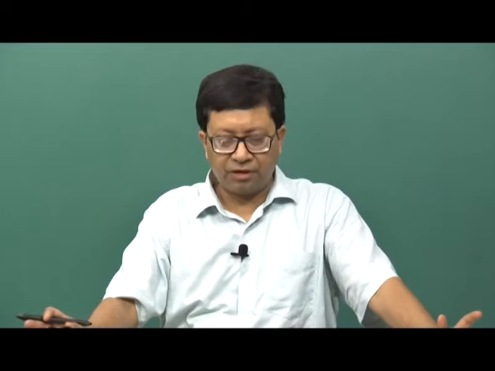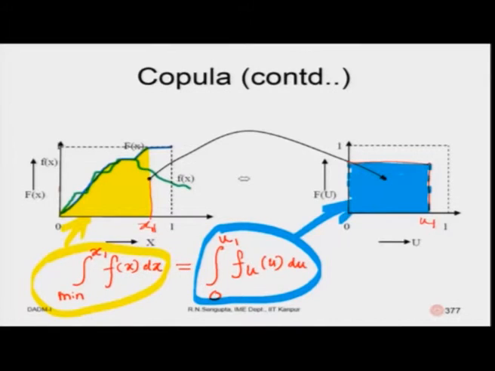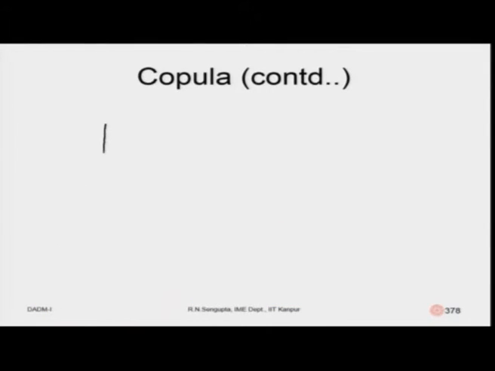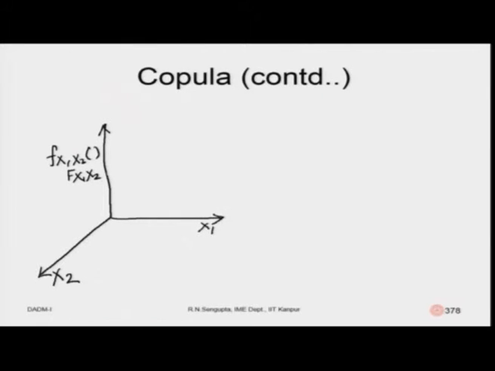In the 3-dimension case, I will try to draw it and show it to you. This is the multivariate case. You have x 1 being measured, x 2 being measured, and this is the f x 1 x 2 which is the PDF joint distribution. Along with that, you have capital F x 1 x 2 which is the CDF value.